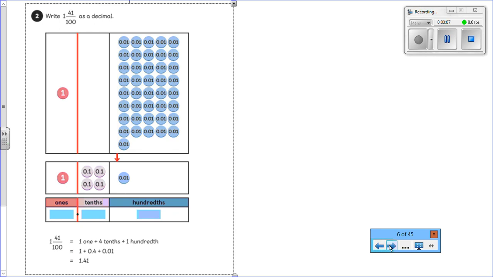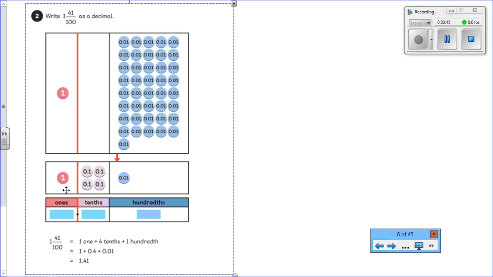Okay, so in Let's Learn 2, we've got a special type of number that's got a whole number and a fraction. Can we remember the name of that type of number? That's right, it's a mixed number. So you will see here that they have exchanged the hundredths into tenths again down here.